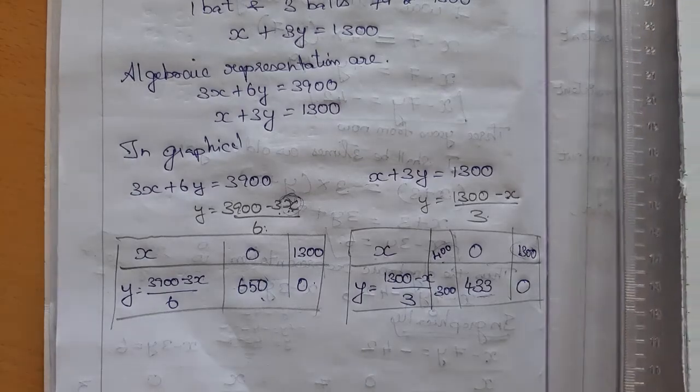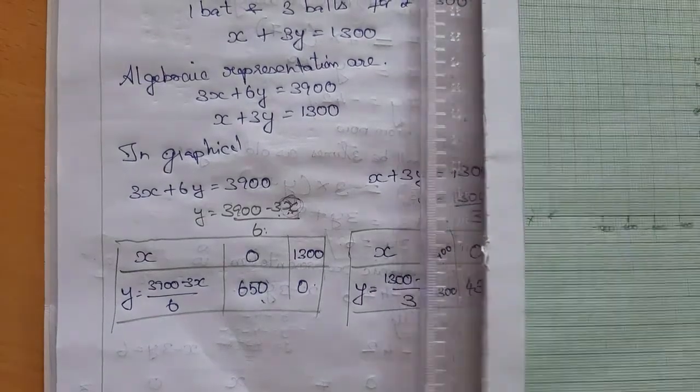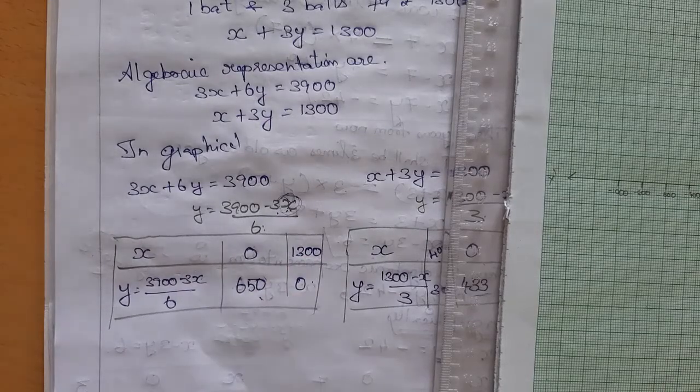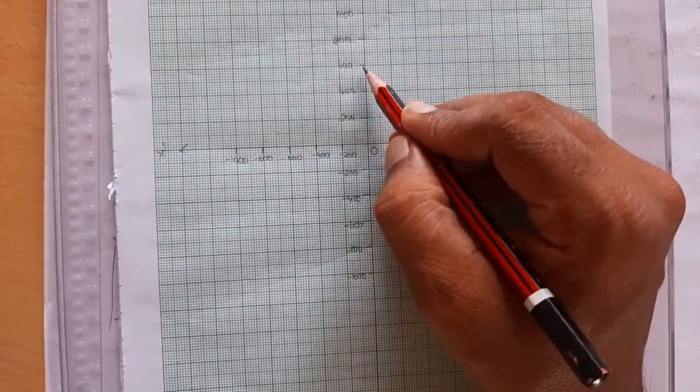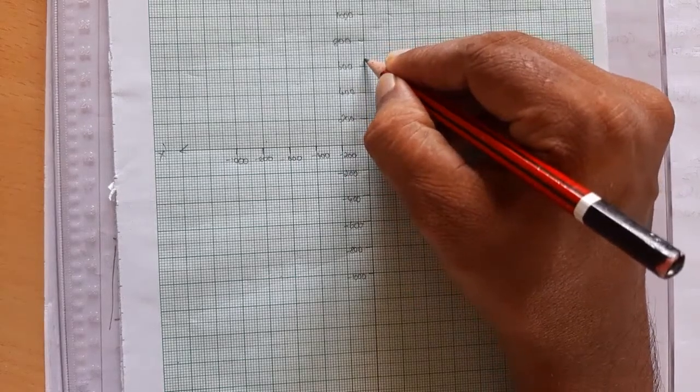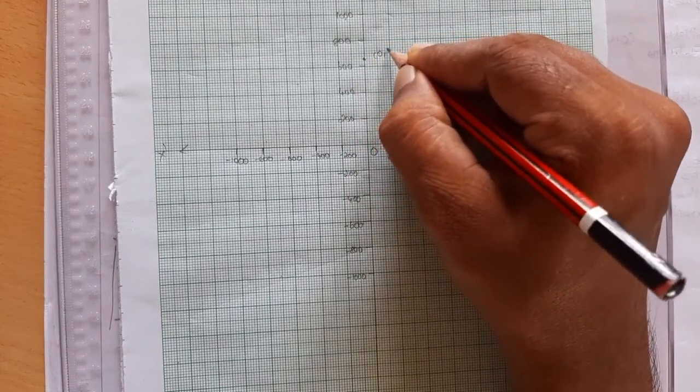So here we draw a graph. The first points are 0 comma 650 and 1300 comma 0. The 0 comma 650: 600 is here, this is 700. In between, this center point is 650, 0 comma 650. The next point is 1300 comma 0.